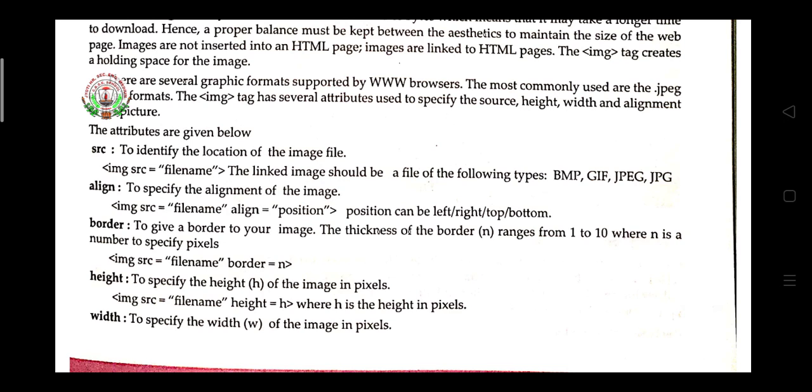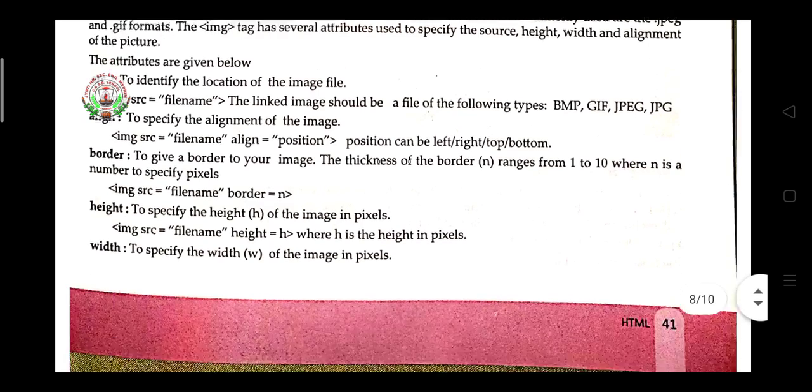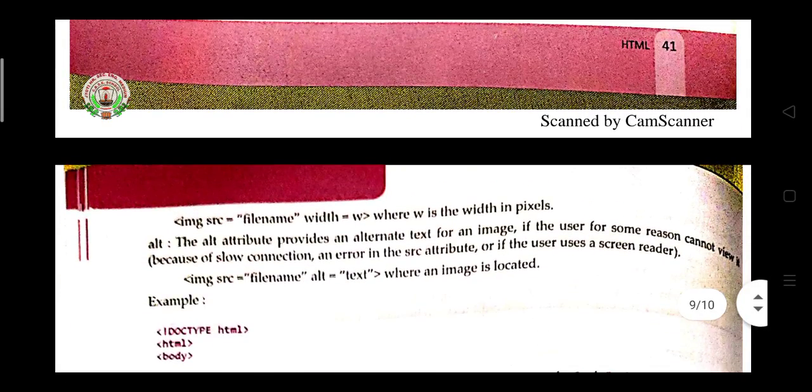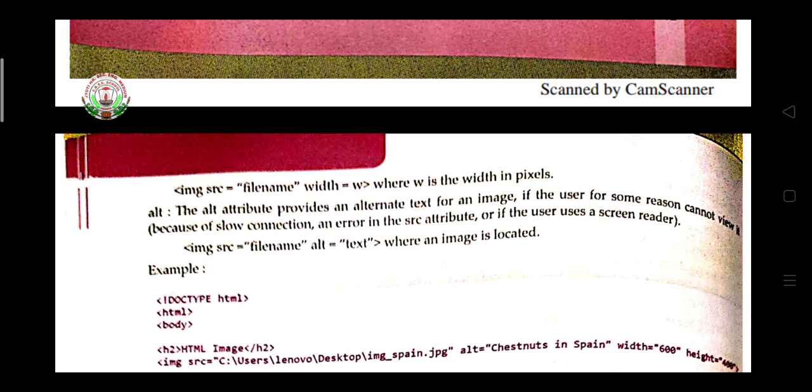And the height, to specify the height of the image, give it in pixels, and the width also you have to give in pixels. Then alt. The alt attribute provides an alternate text for an image if the user cannot view it for some reason, because of a slow connection, an error in the src attribute, or if the user uses a screen reader.